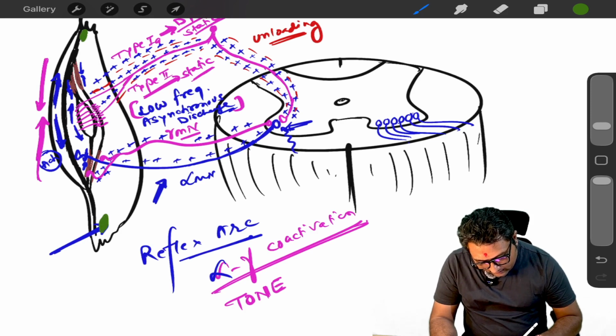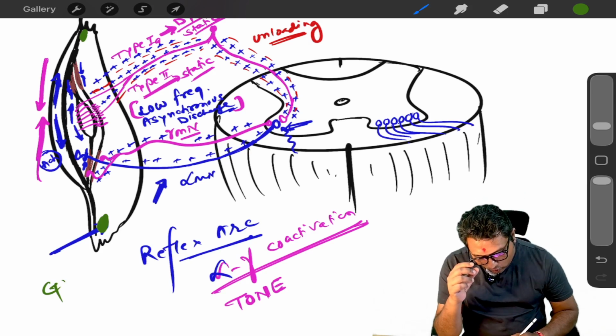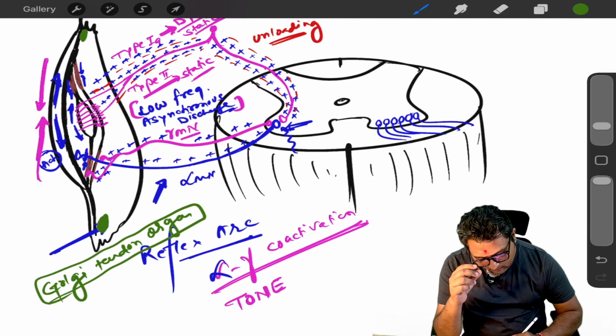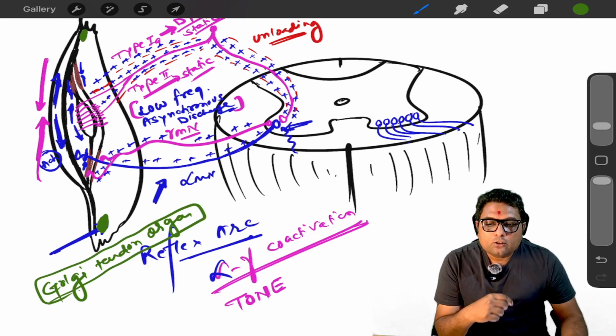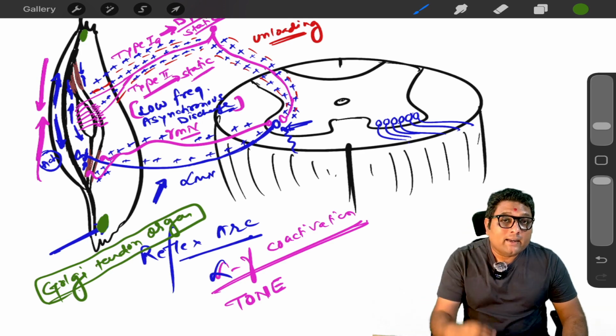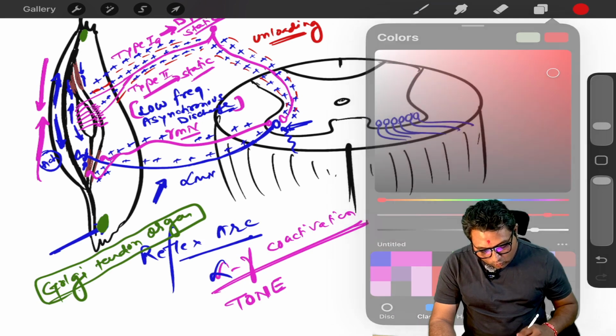Deep within the tendon there is the Golgi tendon organ. Now, what is the role of this Golgi tendon organ, or it is also called the Golgi tendon reflex?